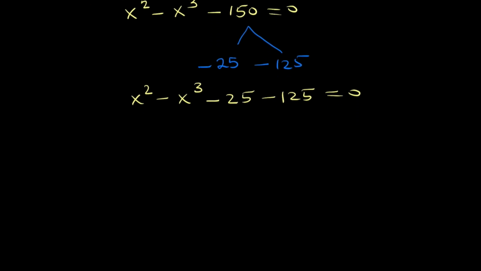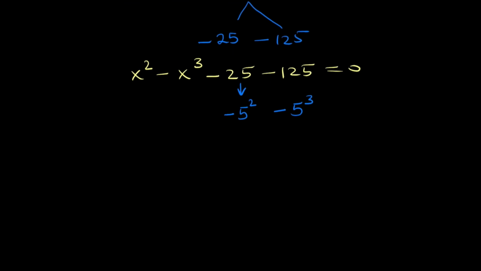I'm going to change each of 25 and 125 to 5 squared and 5 cubed respectively. So I have negative 5 squared minus 5 cubed, so that the equation now becomes x raised to power 2 minus x raised to power 3 minus 5 squared minus 5 cubed is equal to 0.